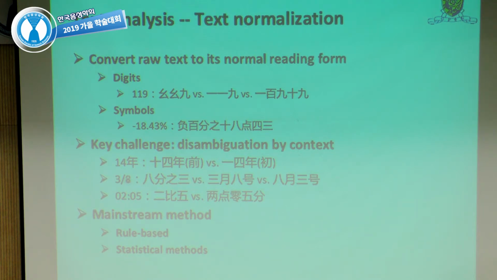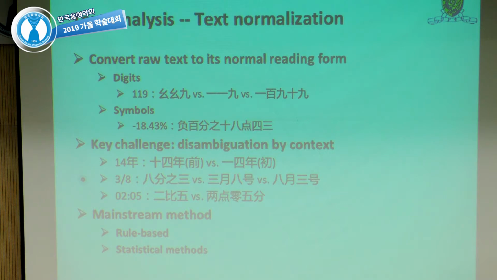Okay, now the input is the raw text. As we know, in the raw text there are different kinds of symbols. We need to remove these symbols and replace them with the correct pronunciation, like digits and symbols. Actually, here the key challenge is disambiguation by using the context. For example, 3/8 can be a number, it can also be a date.